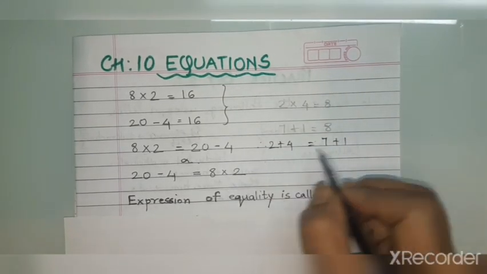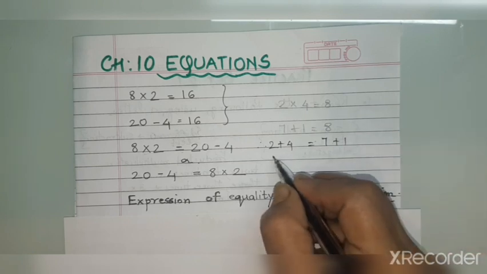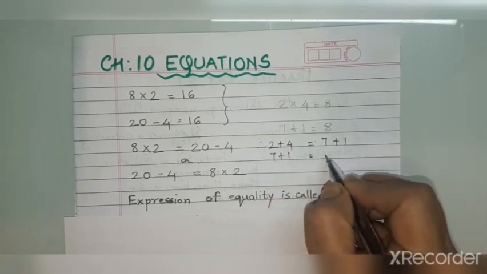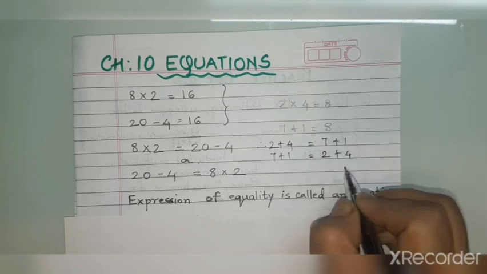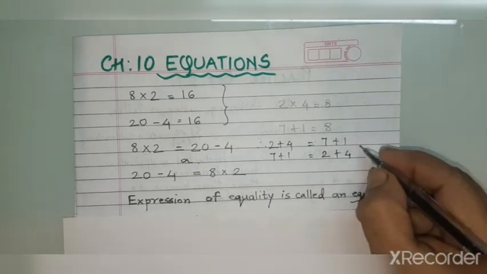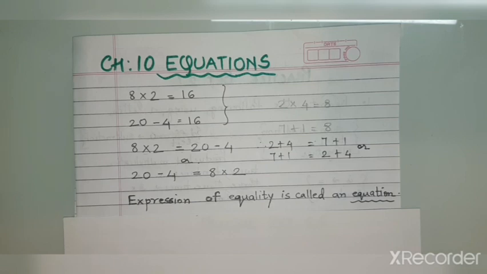I can also exchange left hand side and right hand side. Still it remains equal, so 7 plus 1 is equal to 2 fours. I hope this is clear. Such an expression is called an equation.